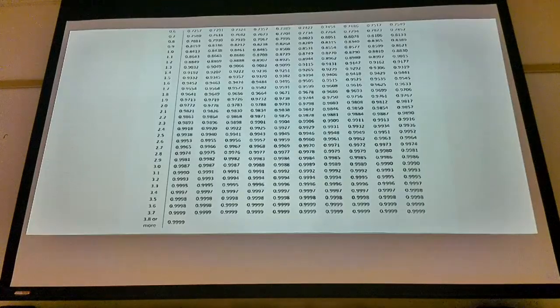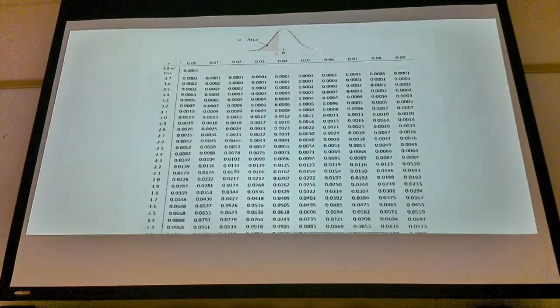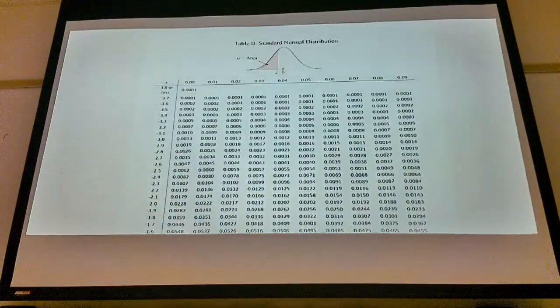So we'll be cross-referencing this a lot. I highly encourage you to print this table out. If you don't have access to this table, most of what we're going to be doing is not going to be possible.